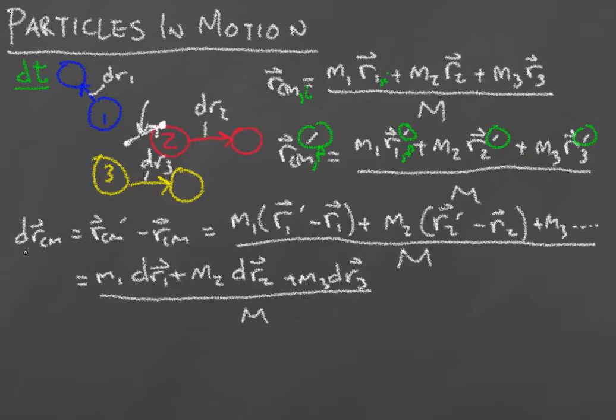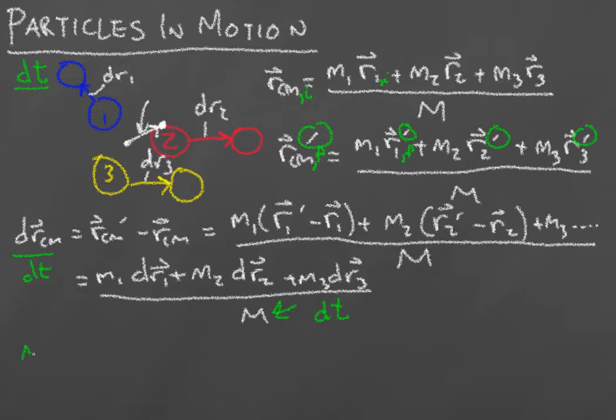So we can write the change in the center of mass as basically the average of the change in the other positions. But now let's multiply by the total mass, and then divide both sides by dt, the small amount of time we're looking at.